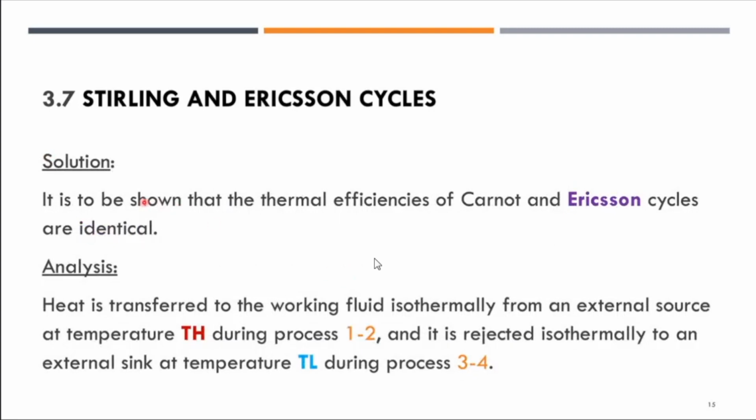As a solution, it is to be shown that the thermal efficiencies of the Carnot and Ericsson cycles are identical. Heat is transferred to the working fluid isothermally from an external source, maybe a regenerator, at a temperature TH during the process from 1 to 2. And then the heat is rejected isothermally to an external sink at the temperature TL during the process 3 to 4.